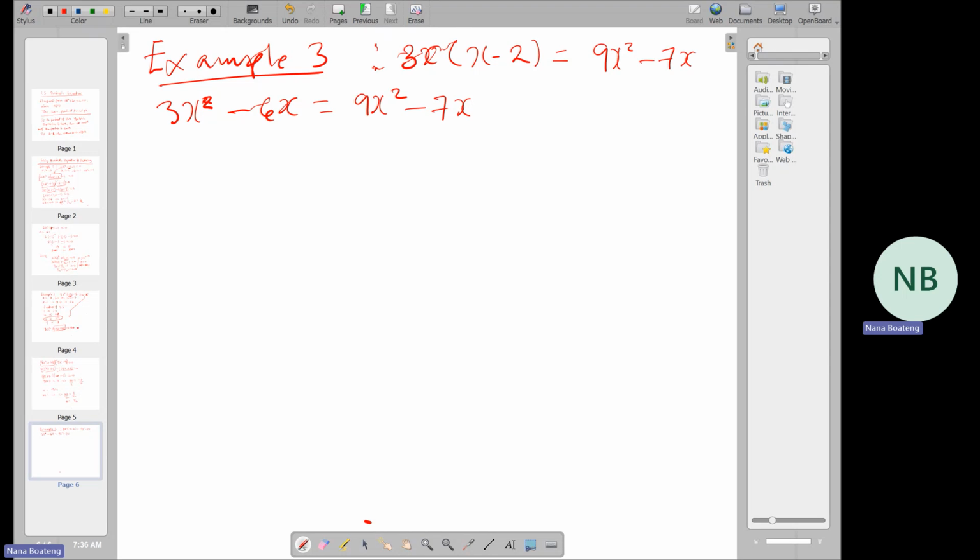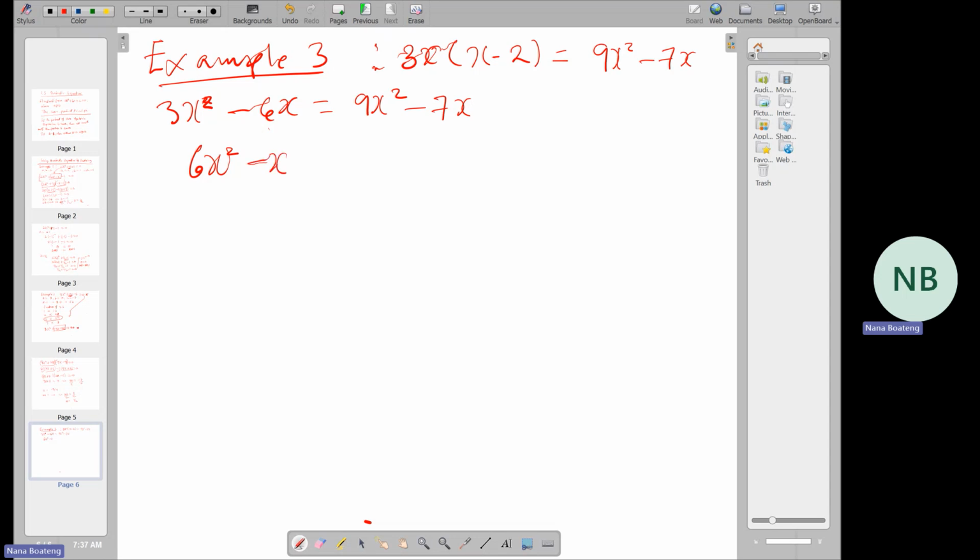So let's group everything on one side. If we subtract 3x squared from 9x squared, we get 6x squared. And if we add 6x on both sides, then we have minus 7x plus 6x, which gives us -x.